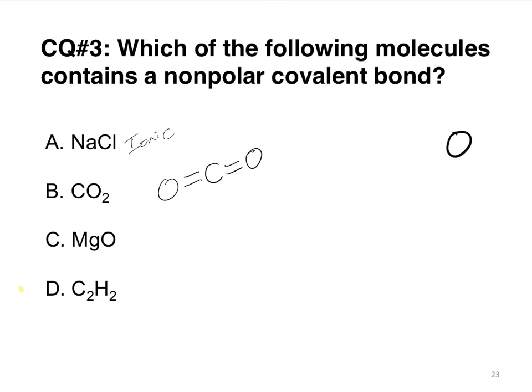So oxygen has 6 electrons in its outer shell, right? 1, 2, 3, 4, 5, 6. It needs 2. Carbon has 4 in its outer shell. 1, 2, 3, 4. It needs 4. I think you should know that by now. That part you should know, right?